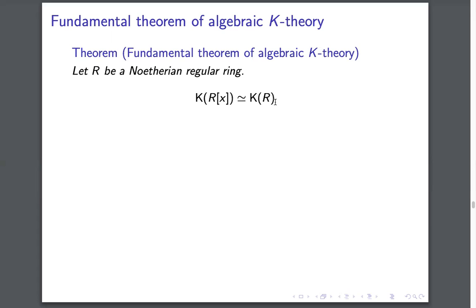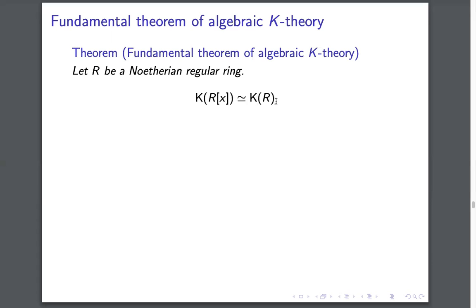Which is kind of surprising, because it is known that if you quotient this polynomial ring by some power of x, you get a truncated polynomial algebra, and the algebraic K-theory of that is not the same as the algebraic K-theory of the ring.